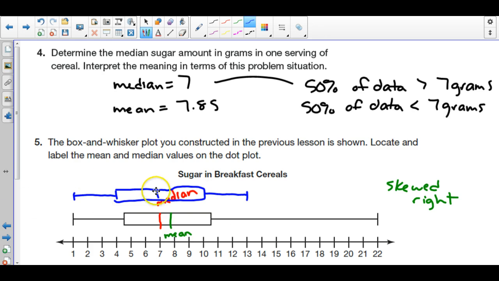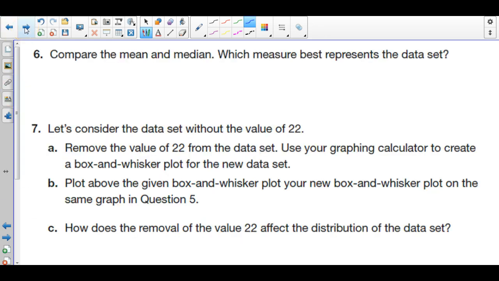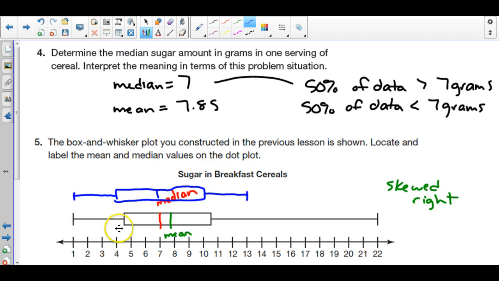So if I'm only looking at the graph in blue here, I'm going to answer a couple questions associated with it. It says, how does the removal of the value of 22 affect the distribution of the data set? So let's look at this graph right here where my cursor is. This graph looks like it was skewed to the right. If I remove 22 and I'm only looking at what's in blue here, this looks a lot more symmetrical.